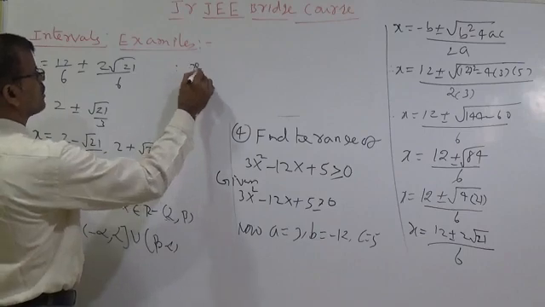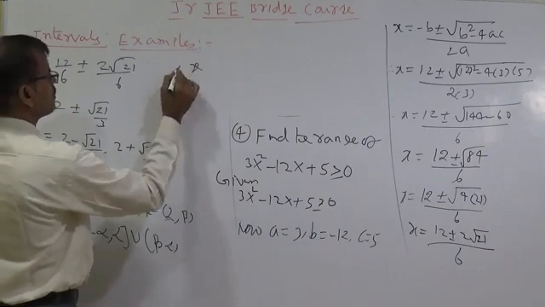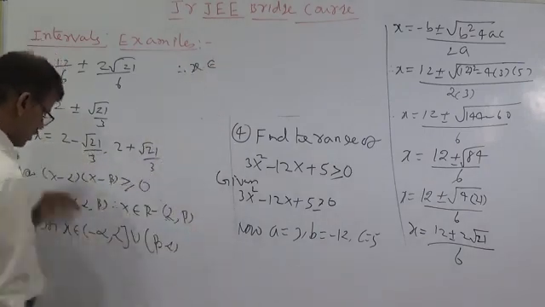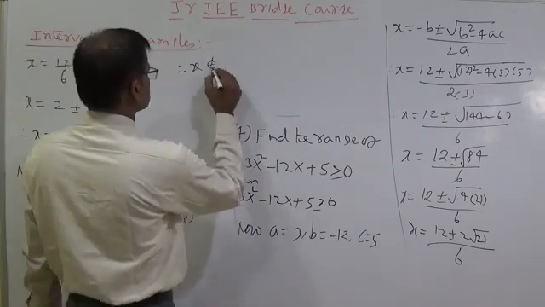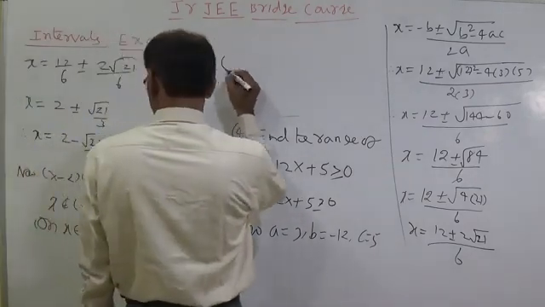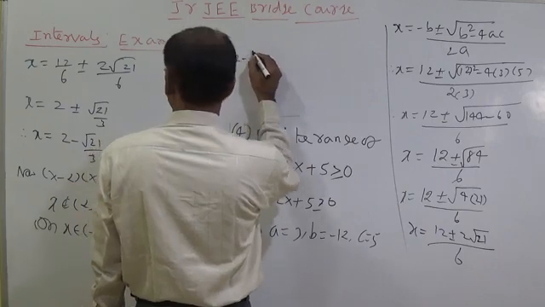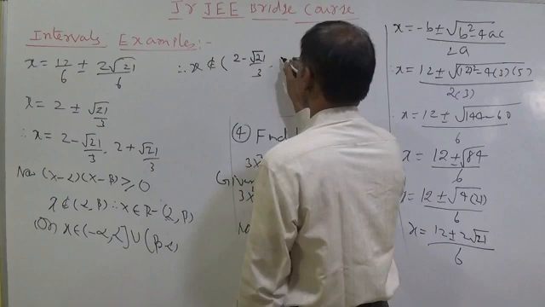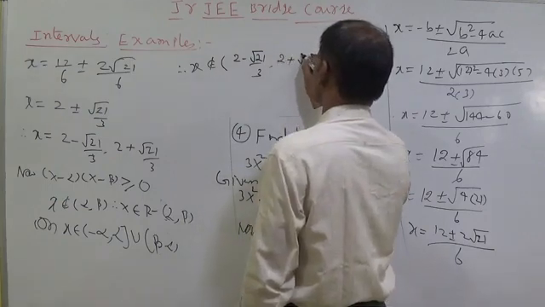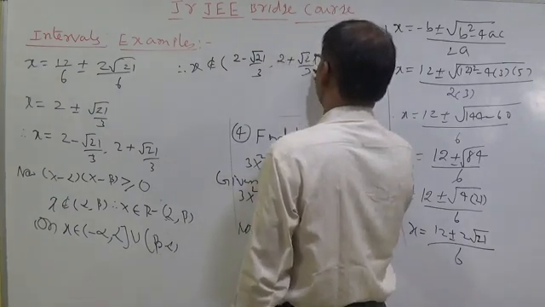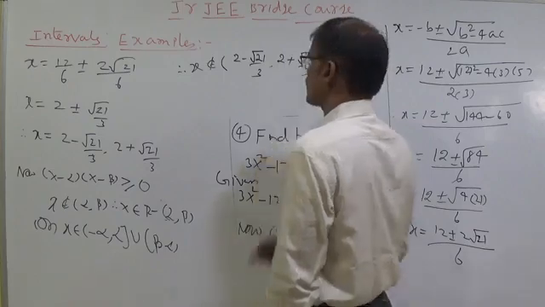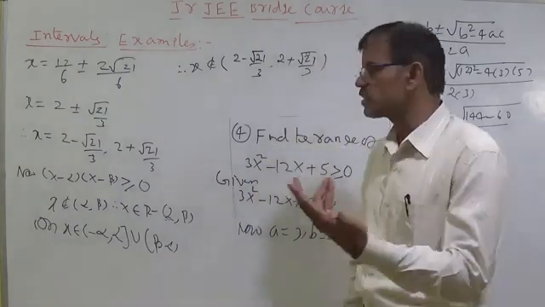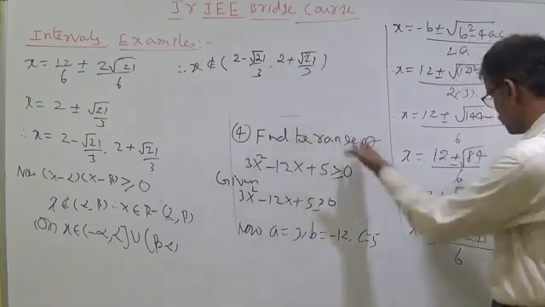Therefore, according to the given question, in the same way x does not belong to, first of all the small value, 2 minus root of 21 by 3 comma 2 plus root of 21 by 3. If factors are possible, then you can write with the factors, otherwise you should do using this method.